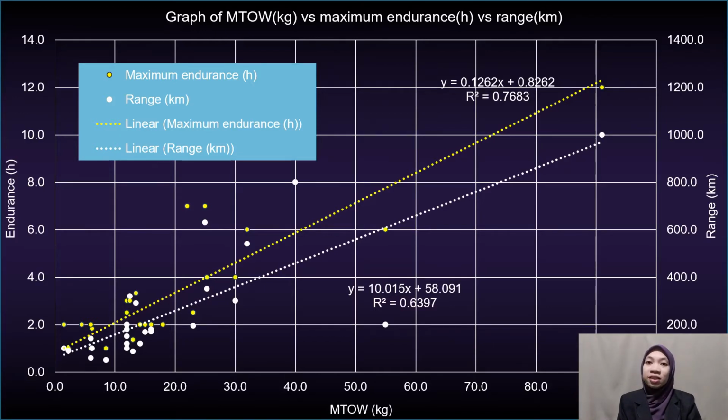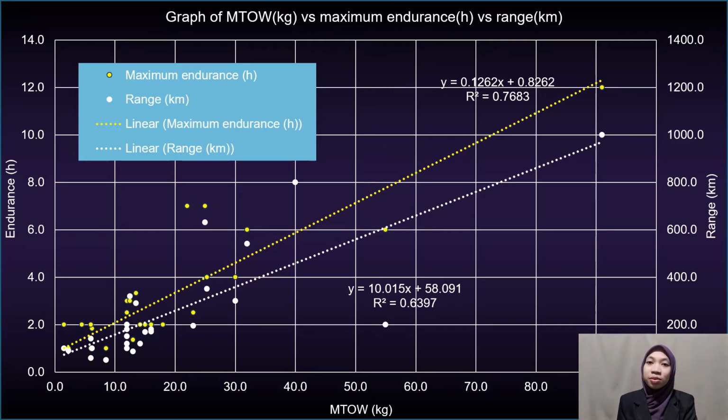From the graph, we can see that as the maximum take-off weight increases, the range and endurance also increase. So as we assumed earlier, if the wingspan is equal to 2.5 meters, the maximum take-off weight is equal to 10 kg.